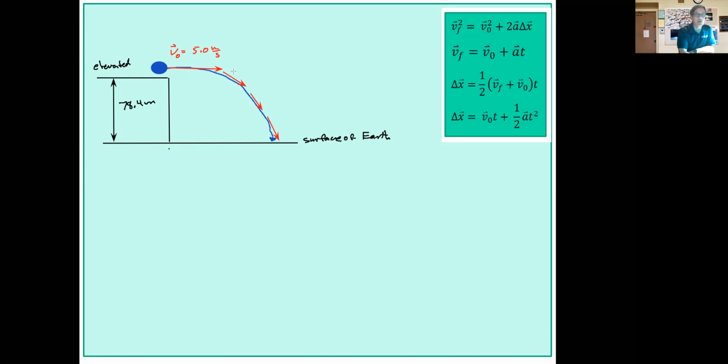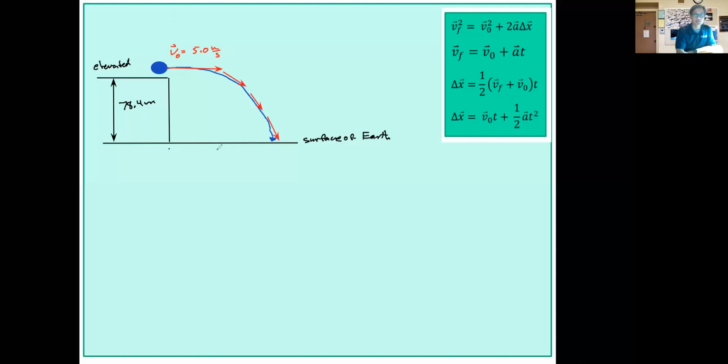Okay, but what you notice here is we want to find the components. So let's go ahead and identify the components of the initial velocity first. Okay, let's find the initial velocity.